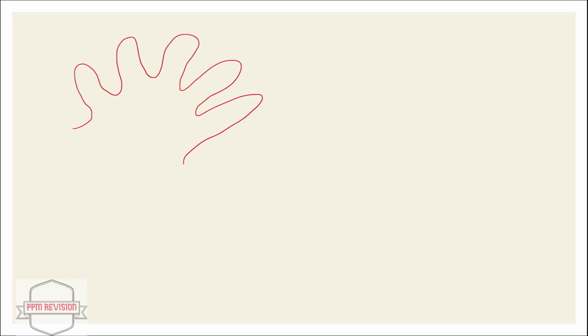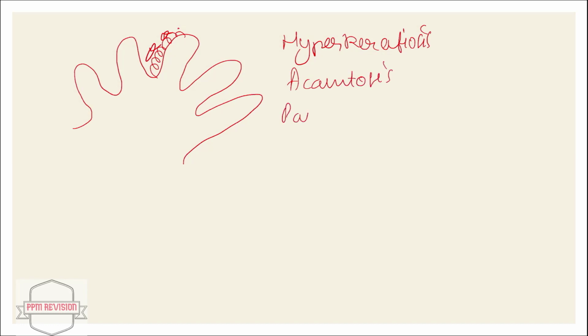So now we will be looking at the squamous papilloma. As we know, why is it called squamous? It's finger-like, so let's call it squamous. Fine. So we know there are cells, and there are a few definitions which we need to go through. That is hyperkeratosis, yes, there's acanthosis, there's also papillomatosis.